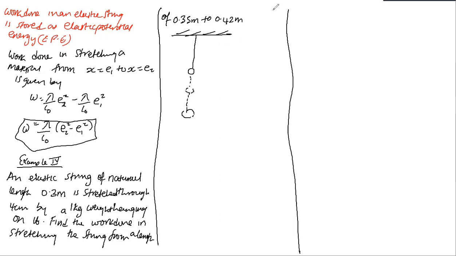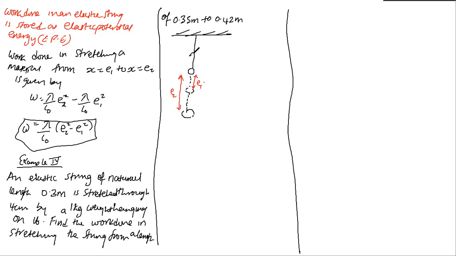The first extension has a distance E1. Then the second extension has a distance of extension which is E2.